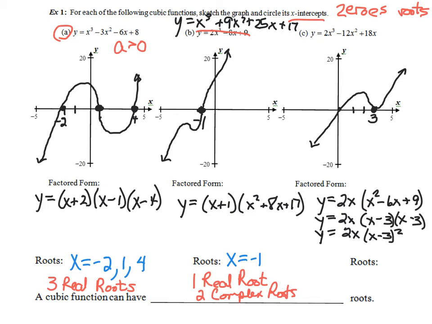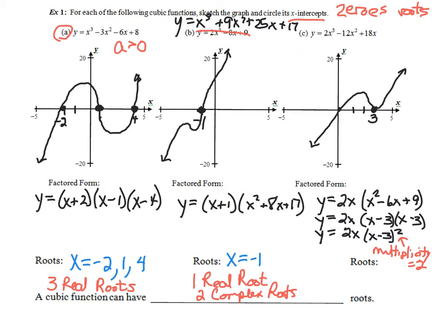And for our graph, it's going to be really important for us to notice that factor that's x minus 3 squared. That 2 as the exponent is telling me a number that's called the multiplicity. The multiplicity of that factor is equal to 2. What that means is that the same factor is represented twice.